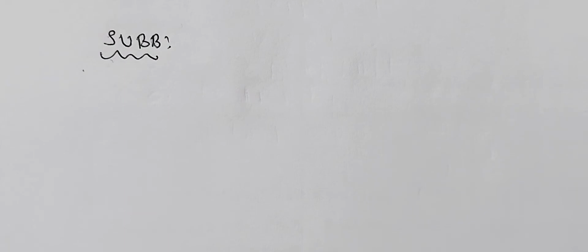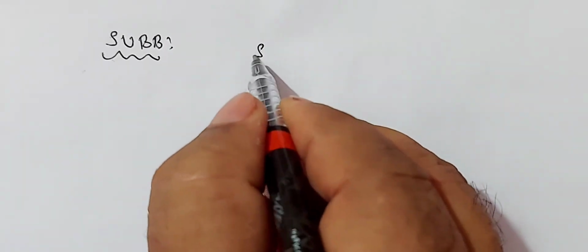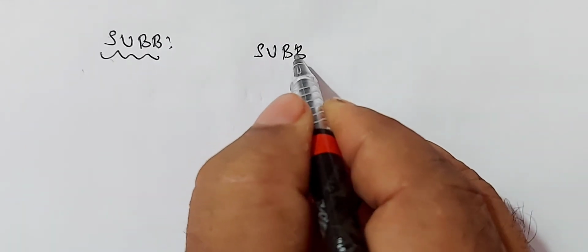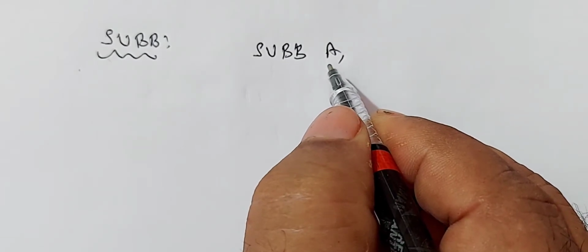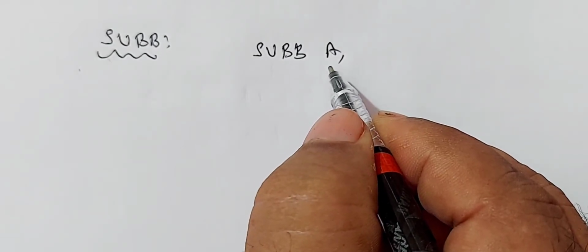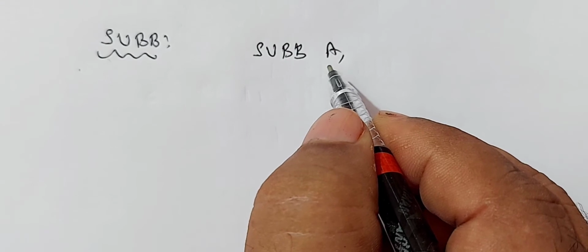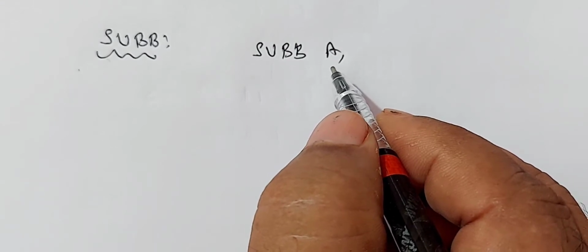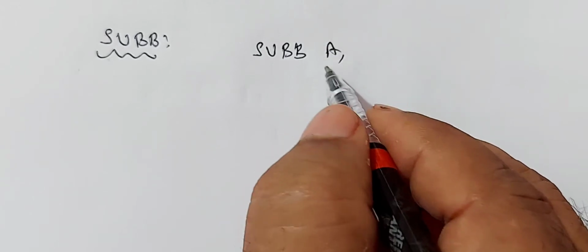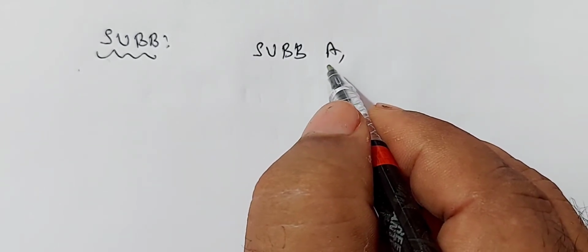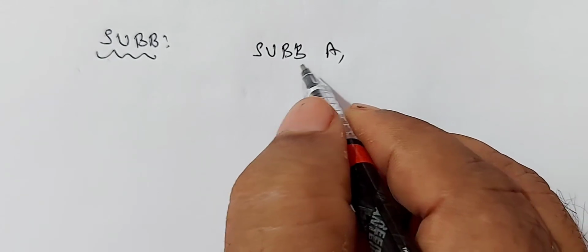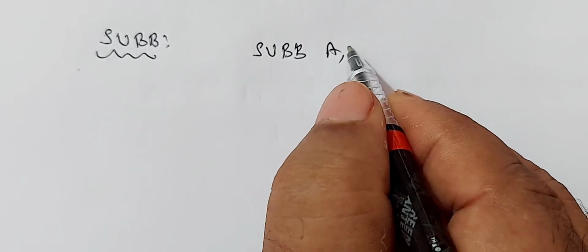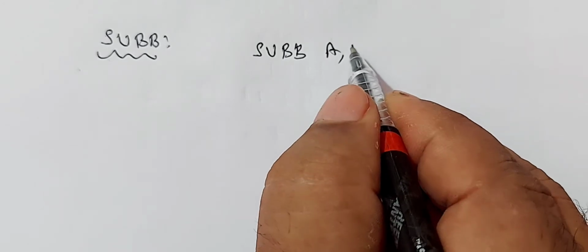The instruction consists of the operational code and the register A as the destination. Here also the destination must be A only. In all four arithmetic operations, addition, subtraction, multiplication and division, the destination must be only the accumulator A and it cannot be anything else. SUBB A comma B.